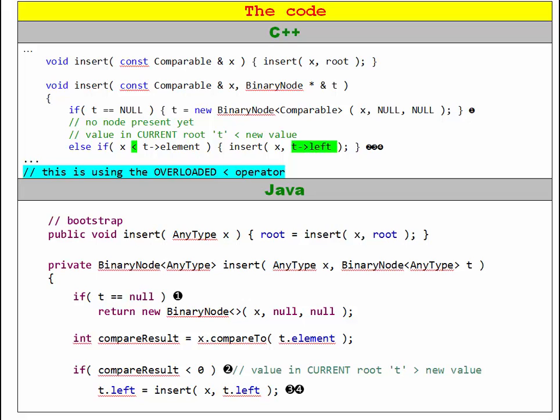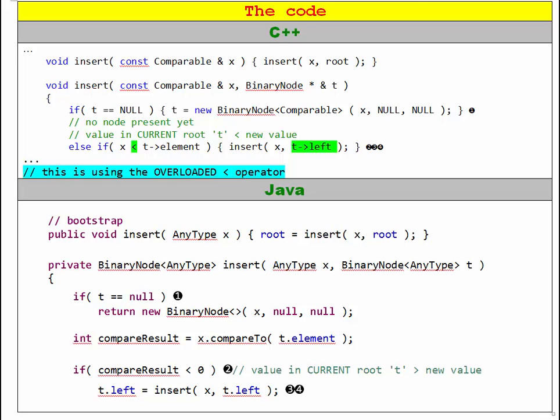So these do not come naturally. We have to make sure that whatever our base objects are that are placed into those binary search trees, they are coded to do some type of comparison. And we would have gone over that already before we got to this part.